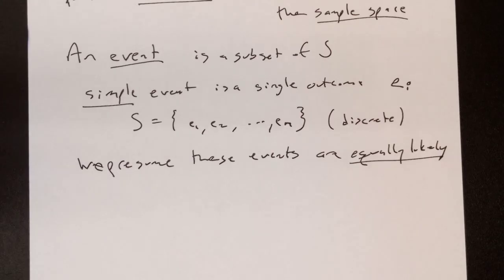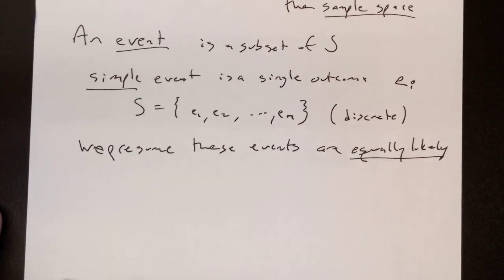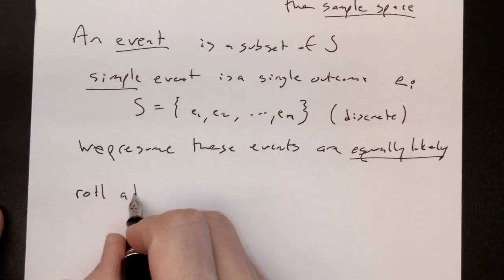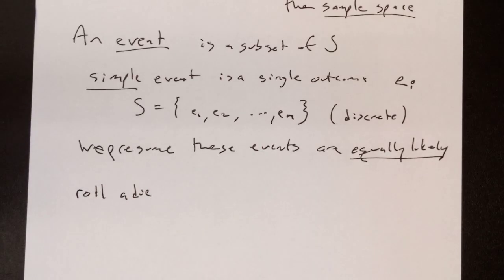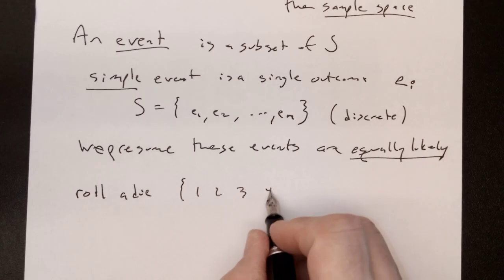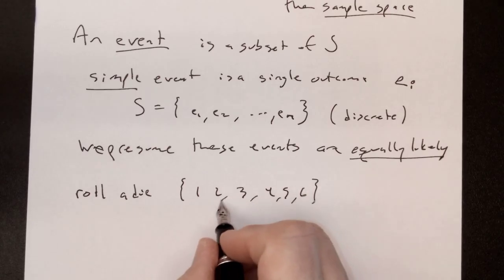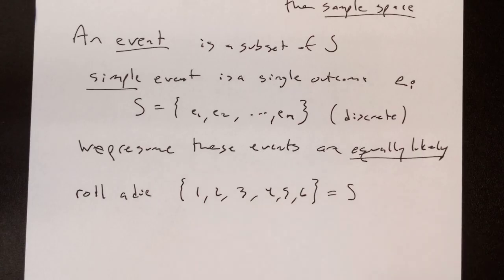But if we consider something like rolling a die, then a standard six-sided die has the options 1, 2, 3, 4, 5, 6. That's my sample space. The assumption is that this die is unweighted. There's no force or special behavior that's going to make one of those numbers come up more than another.